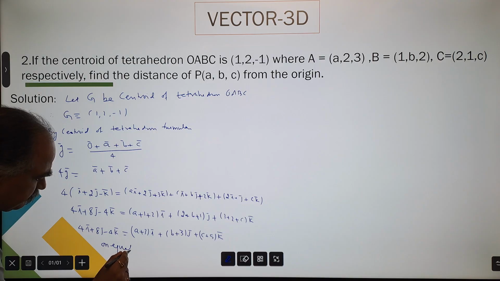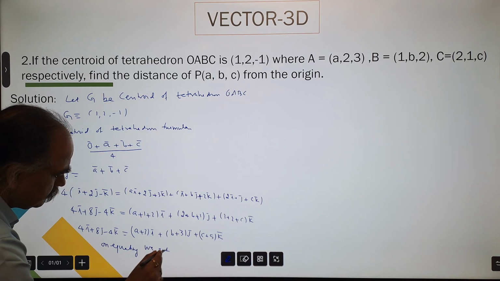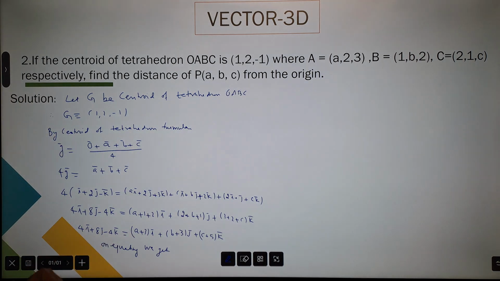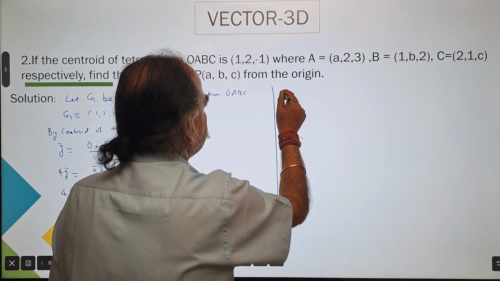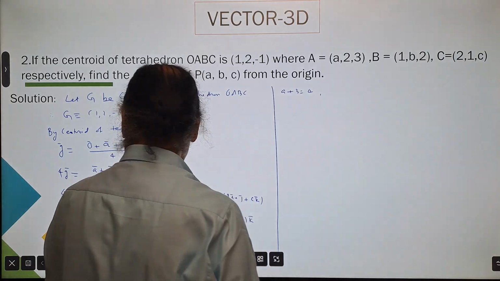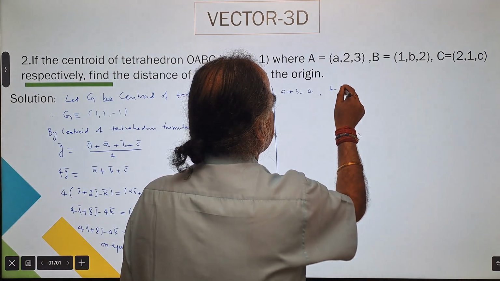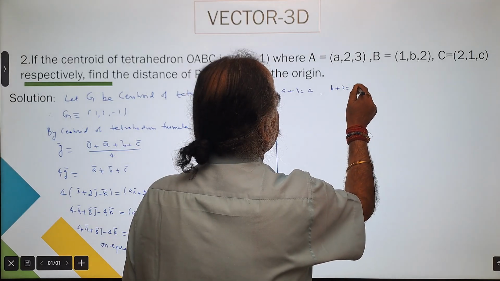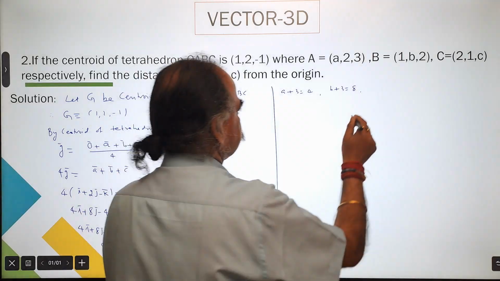On equating, we get A plus 3 is 4, B plus 3 is 8, and C plus 5 is minus 4.